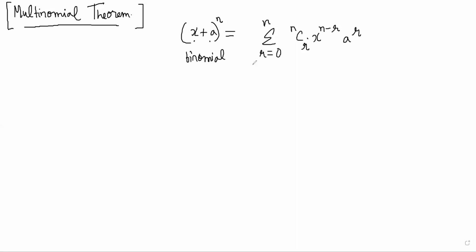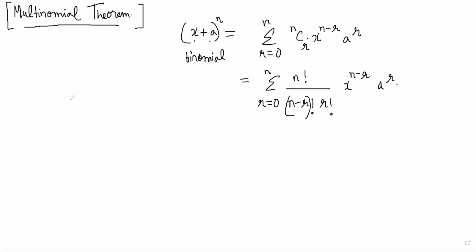But before that, I will just write this in a different way: r equal to 0 to n, n factorial by r factorial times n minus r factorial, x power n minus r, and a power r. And now, if I have more than two terms, suppose I have (x1 plus x2 plus x3) power n.